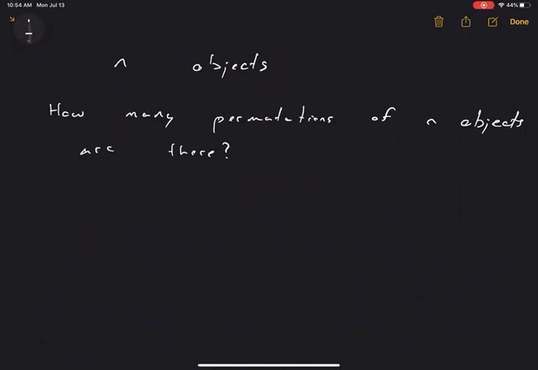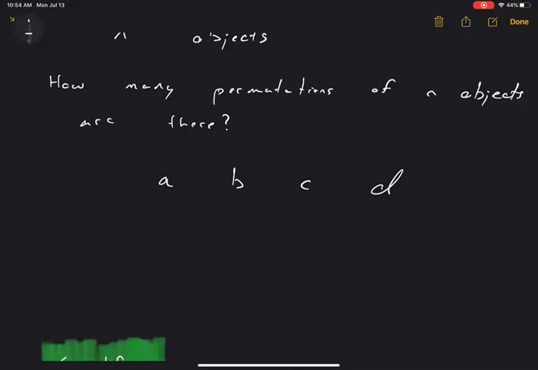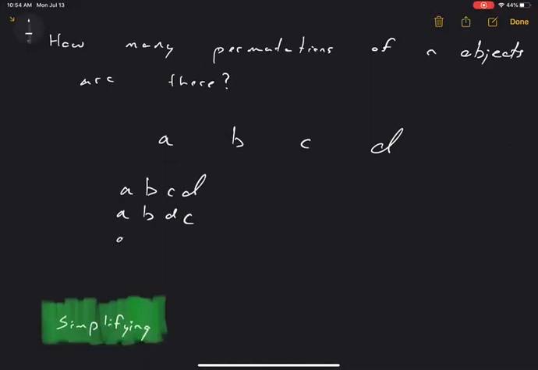Let's say I have the letters A, B, C, and D. How many different orderings of these letters are there? I could do A, B, C, D. I could do A, B, D, C. I could do A, C, B, D, A, C, D, B, and so on.